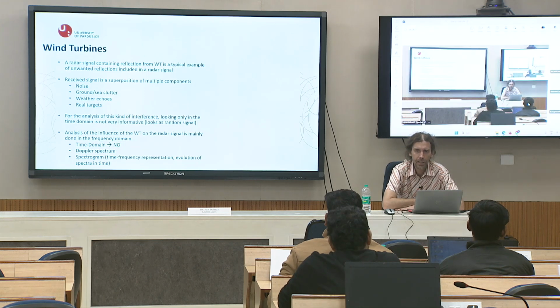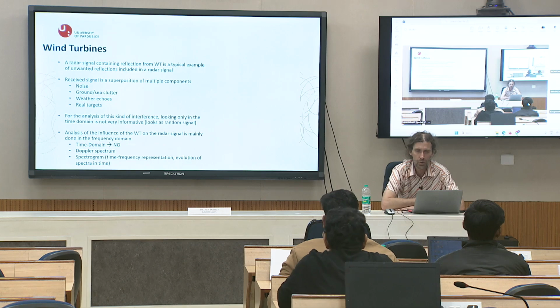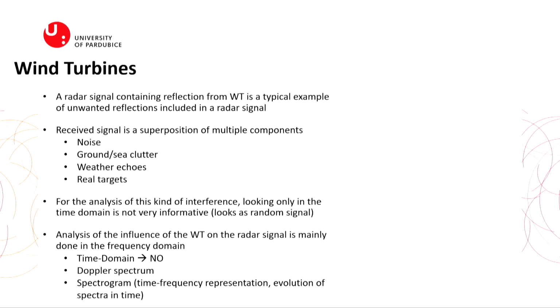So how does the received signal look? What is included in the signal received by the radar? You know that there will for sure be some noise, always noise everywhere. There will be ground or sea clutter, which is a reflection from the environment. There will be weather echoes, meaning clouds, and there will be the real target.